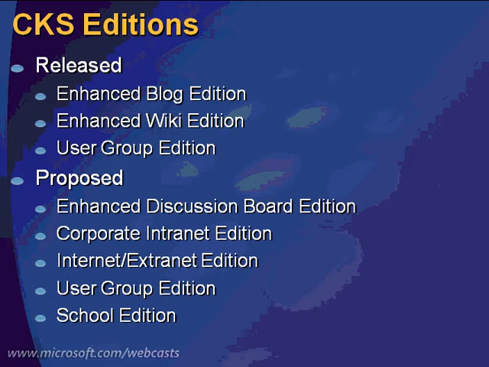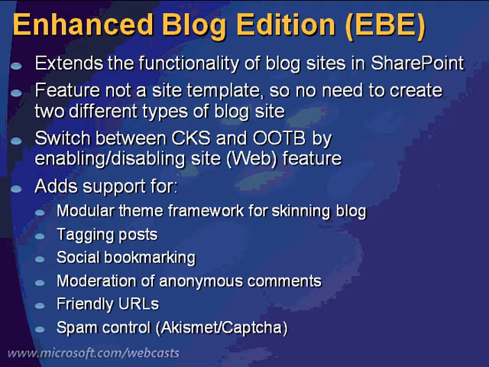There is now a forms-based authentication module, as well as the intranet extranet edition, a proposed second edition of the user group edition, and the school edition, as well as many other community contributions such as tag clouds and Virtual Earth mashups.